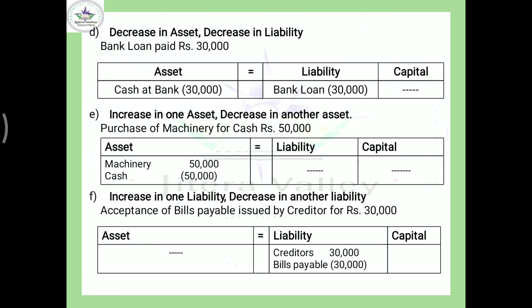So here you can see acceptance of bills payable issued to creditors for rupees 30,000. So certainly the balance of creditor will reduce, and instead of creditor, the balance of bills payable will increase. So again there won't be any overall effect. The effect is one-sided on the liabilities side only.